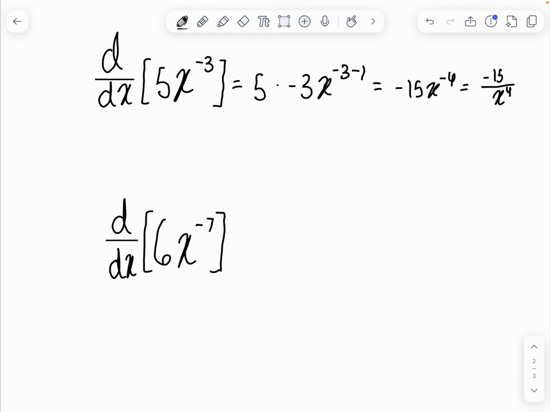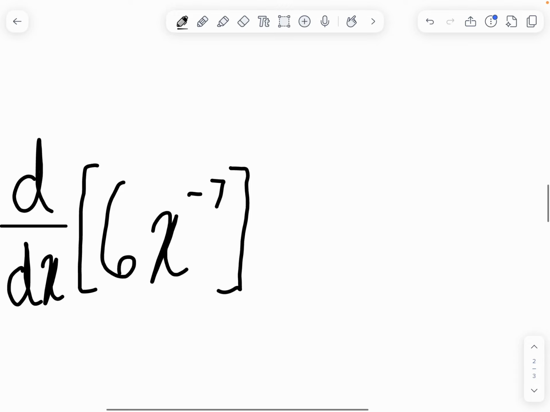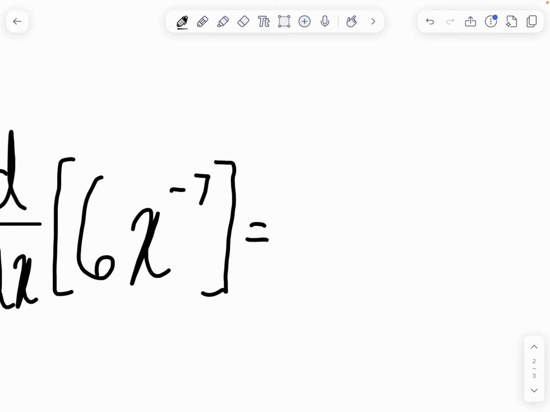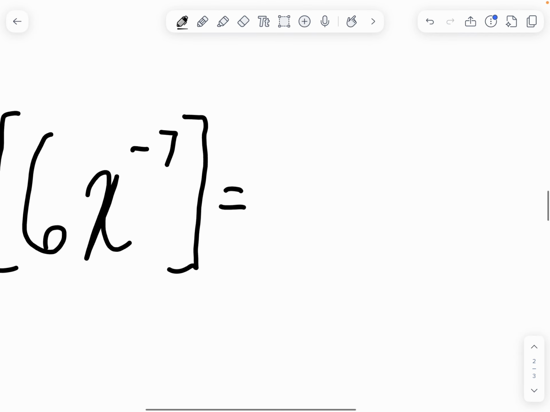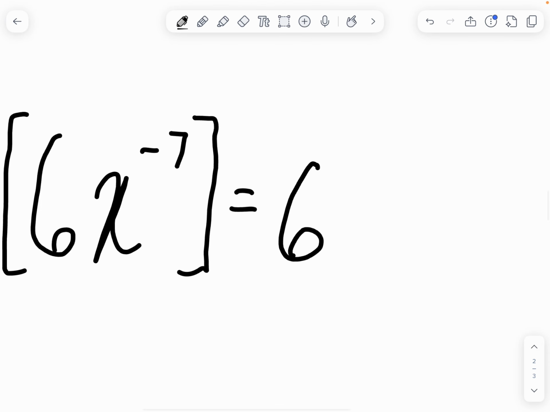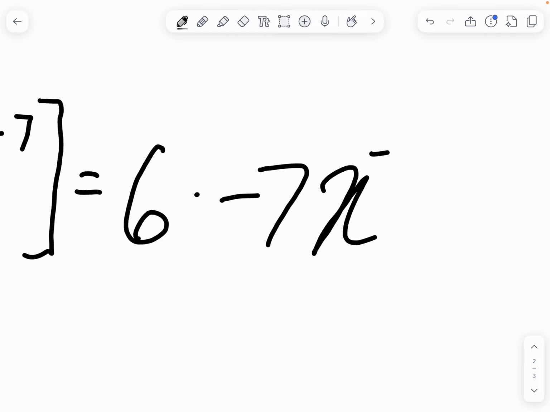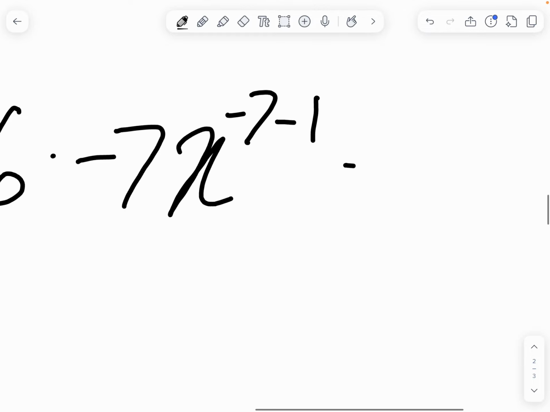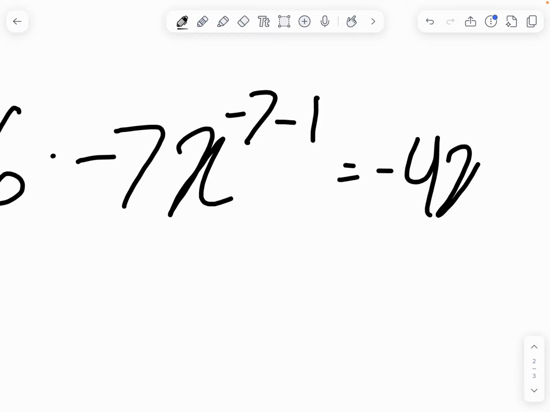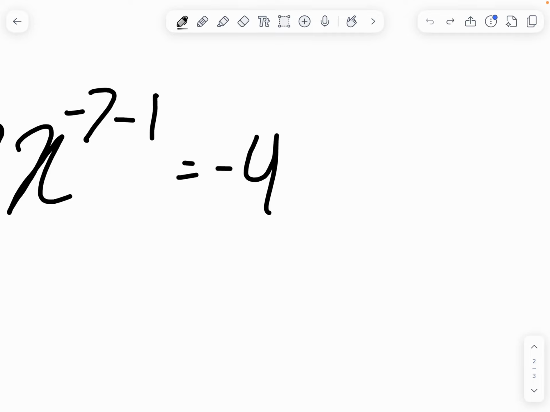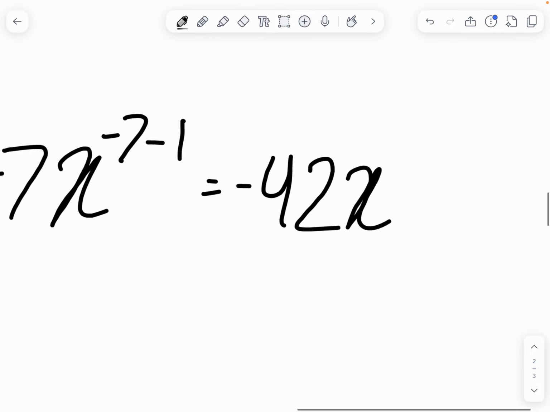And now, our next one. What is the derivative of 6 times x to the power of -7? So this is going to equal 6 times -7 x to the power of -7 minus 1, -42 times x to the power of -8.